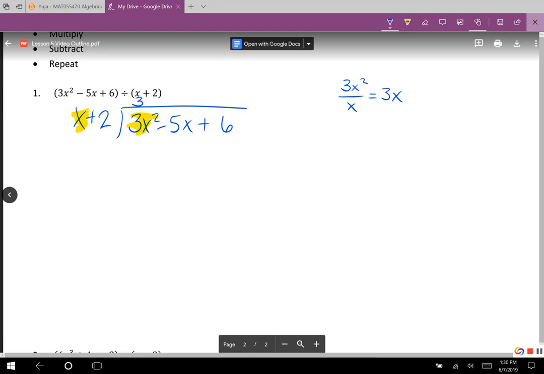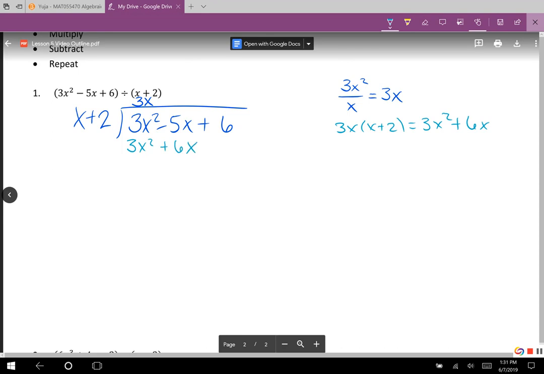Now I have to find the remainder. To find the remainder, we're going to multiply. So I'm going to take 3x, and I'm going to multiply that by x plus 2. That's 3x squared plus 6x. So we divide, we multiply, and now we're going to subtract.